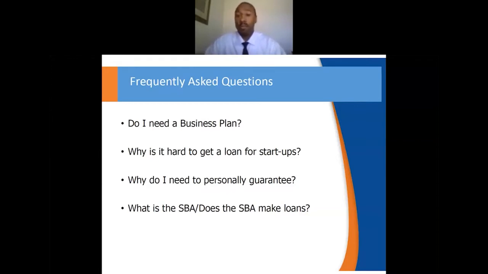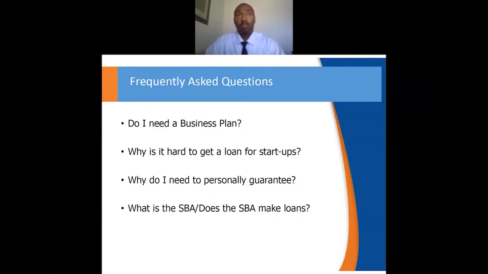Or let's say it's you and another partner: you're doing the day-to-day operations full-time and your partner has a full-time job. Your partner's income, as long as it's enough to support his or her personal debt service and also the new business debt service you're trying to take on, the new loan or line of credit, we can look at that. Because that's what we're looking at, the global debt service regarding the capacity. Next bullet point: why do I need to personally guarantee?